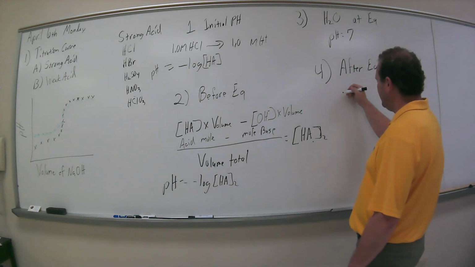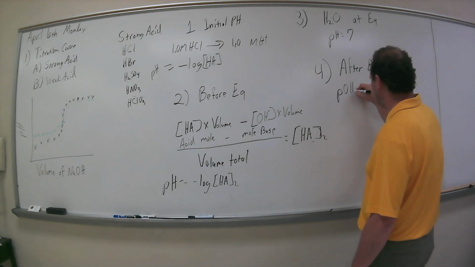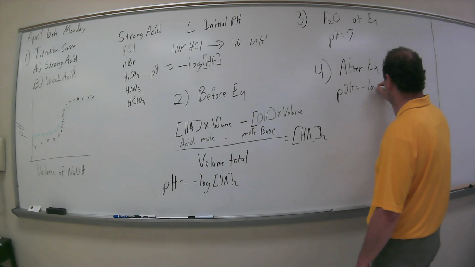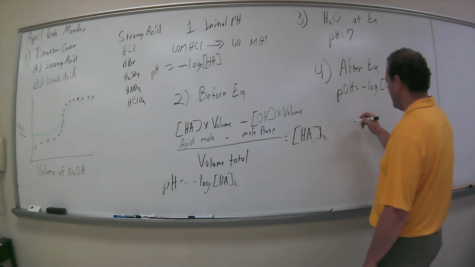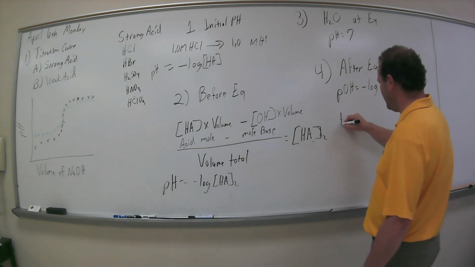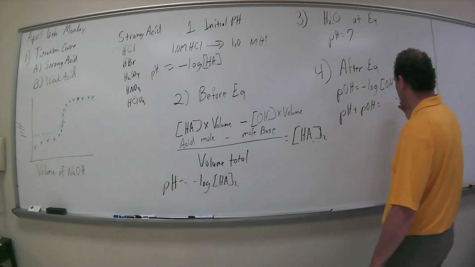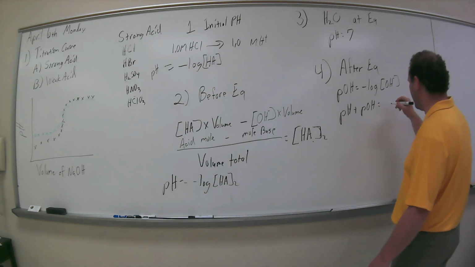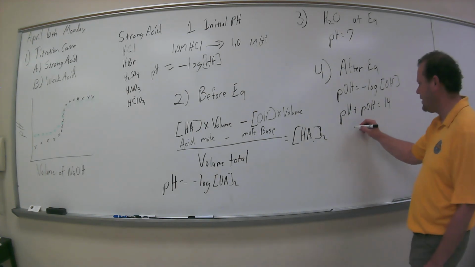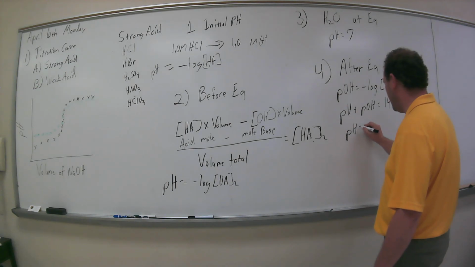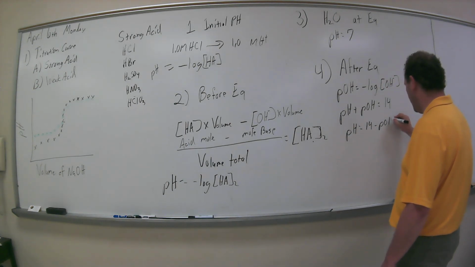To find our pH for a base, we say the pOH is equal to the negative log of our OH concentration. Then remembering from our lecture notes that pH plus pOH, in terms of the Kw of water, equals 14, if we want to find the pH, it's going to be 14 minus our pOH.